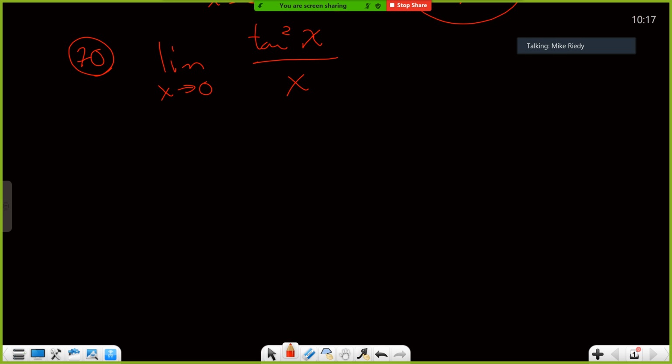Again, even though we're getting into an ugly trig problem, the first thing you should do is plug and chug. Tangent of 0 is 0 over 0. Okay, that doesn't work. So we have to come up with something else. My immediate reaction would be to do the following.